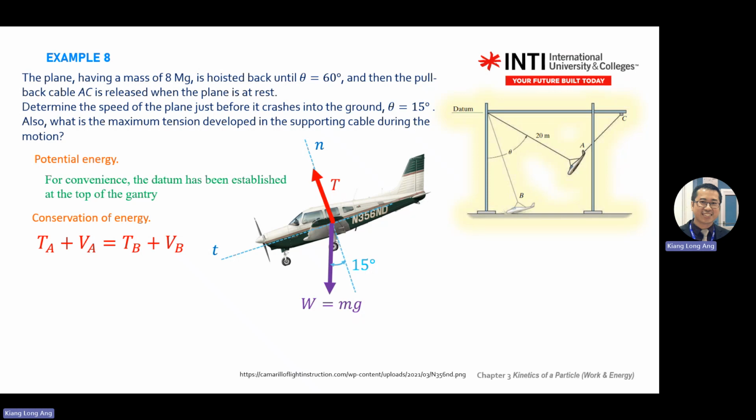Why is weight conservative? I'll show you the slide, right? You do not reflect on distance.